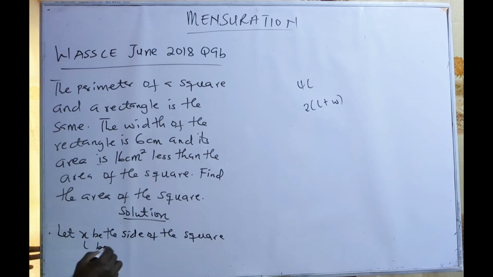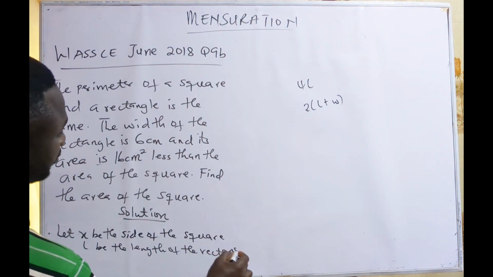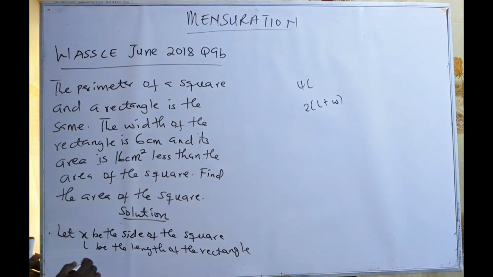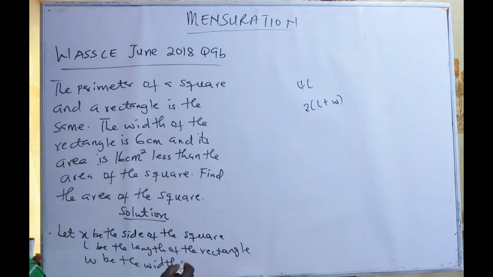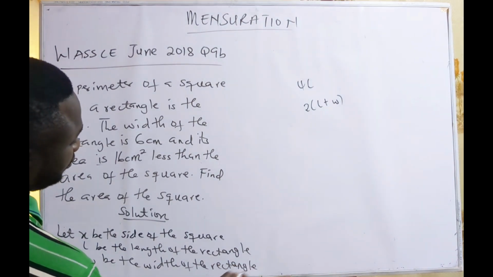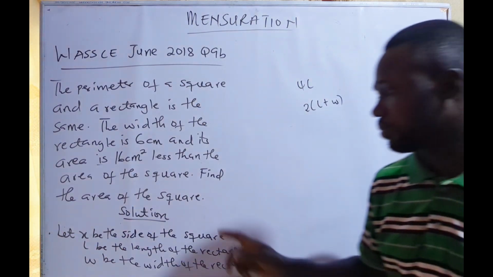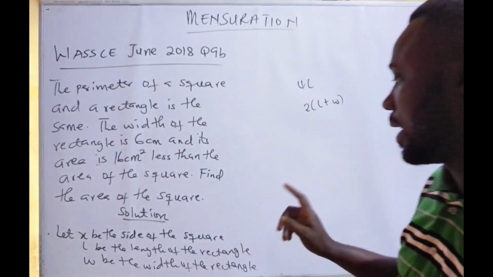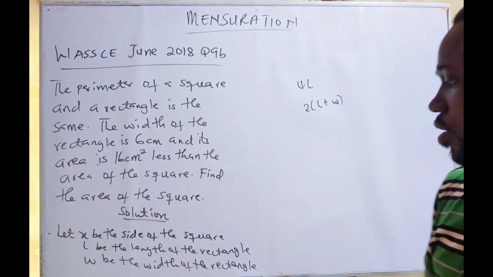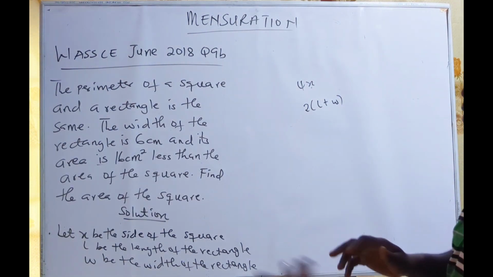Let L be the length of the rectangle, and let W be the width of the rectangle. So we are going to use S for the side of the square, L the length of the rectangle, W the width of the rectangle. So we are going to use x.